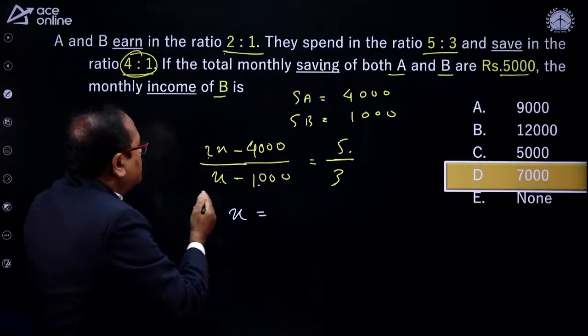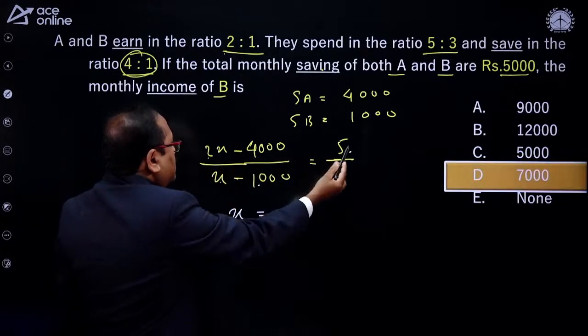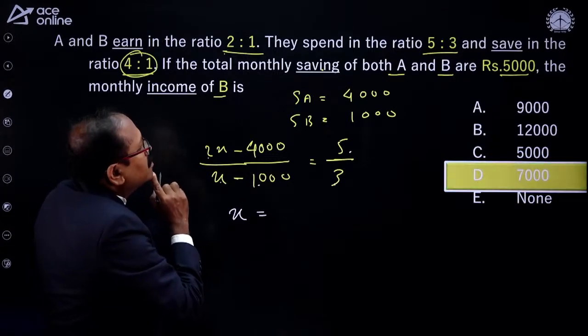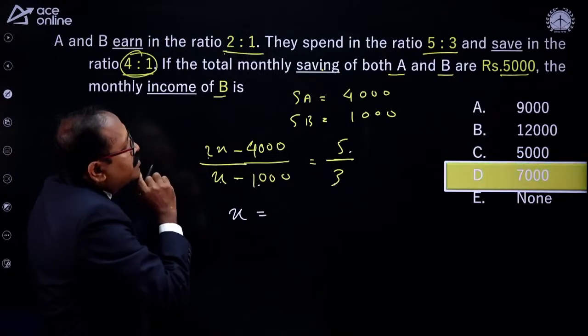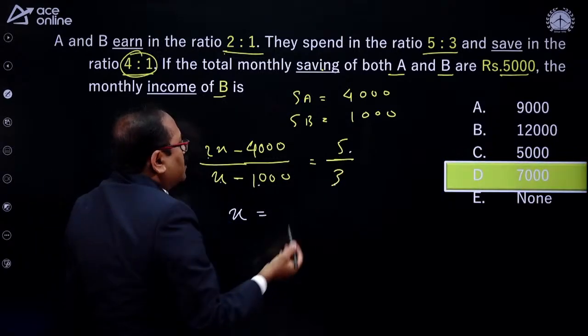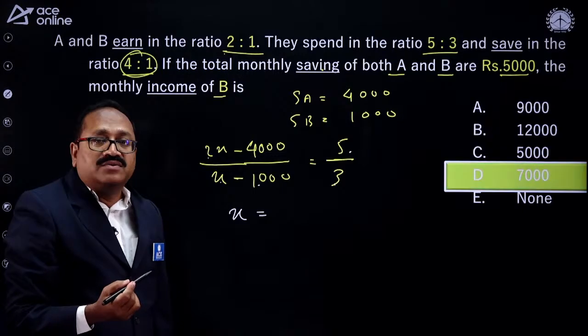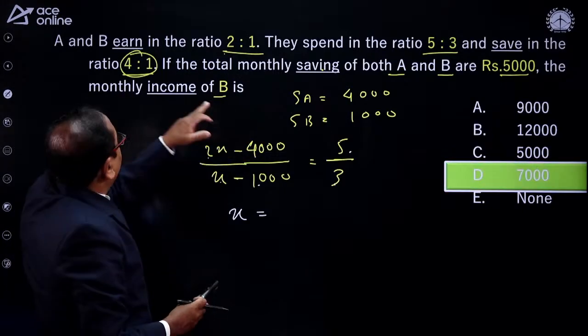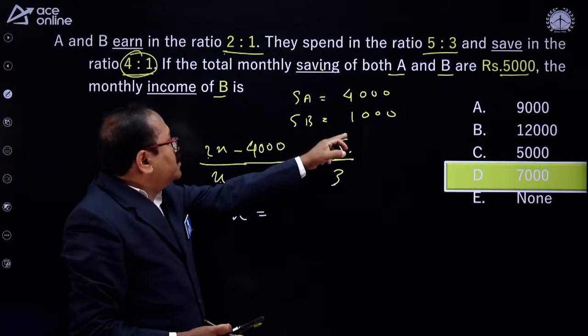So that is 6x minus 5x, and here is it 4:1? Yes, it is 4:1. So that is 5,000 minus 12,000, I am getting a negative value. Did I go anywhere wrong? The total saving is 5,000 in the ratio 4:1, so 4,000 and 1,000.